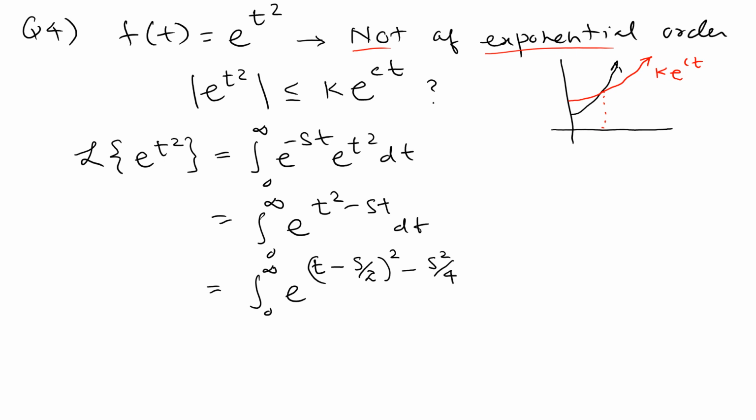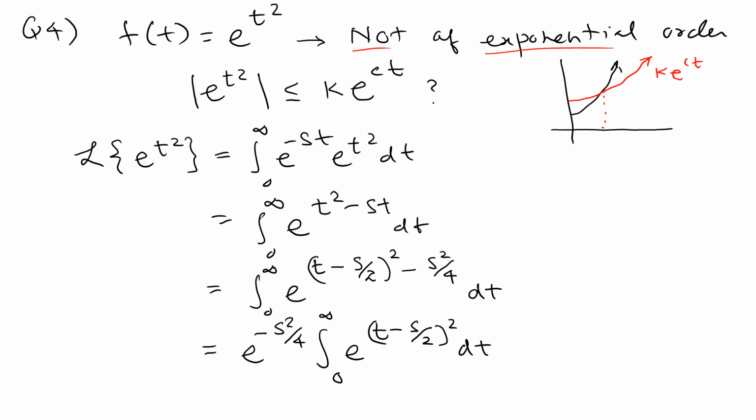You can see they match, and dt. But e to the negative s squared over 4 is a constant, so you can pull it out of the integral. So you can write this as e to the negative s squared over 4, and the rest is the integral from 0 to infinity of e to the t minus s over 2, squared, dt.